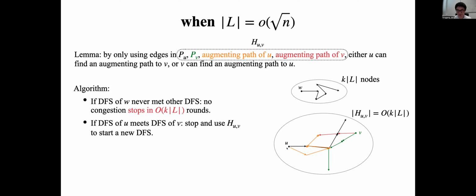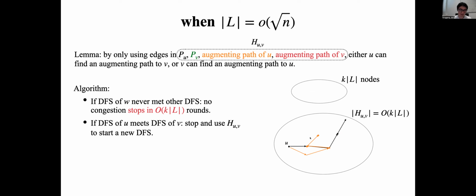For example, U starts a new DFS to find augmented paths using H_UV, and we also start a new DFS using H_UV to find augmented paths. In this way, this node V will successfully reach another node U, which is a valid augmented path. And then this node V just finishes its task, and this node W also finishes its task.